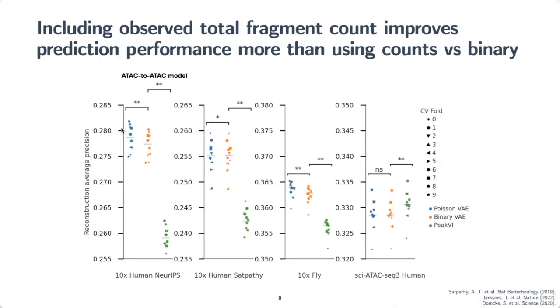We saw that for the 10x datasets, there is a significant advantage in using a Poisson model or the quantitative data compared to the binary data. The difference between those two is just the way they include the total read count. And yeah, we didn't see this advantage for the ATAC-seq 3 dataset.